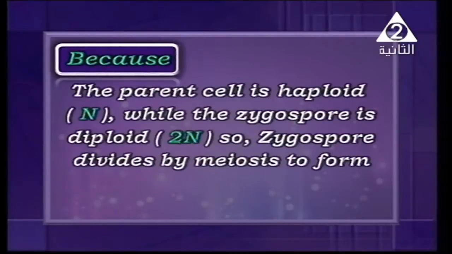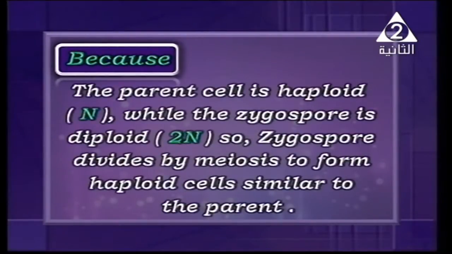Because the parent cell is haploid, I mean it carries half of the genetic material, while the zygospore is diploid. It carries the full genetic material. So the zygospore divides by meiosis to form haploid cells similar to the parent cell. This is the ideal answer for the question.